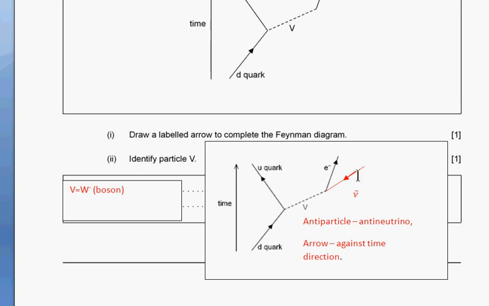Antineutrino, so we draw the arrow against time, so it goes down, and the particle here is a negative W boson, because here the charge is positive, 0, positive, here should be negative, negative, and 0.